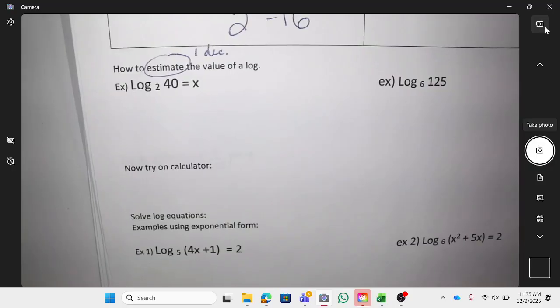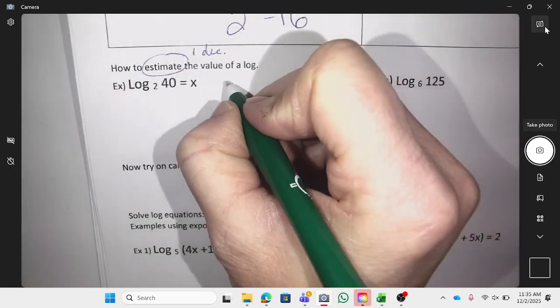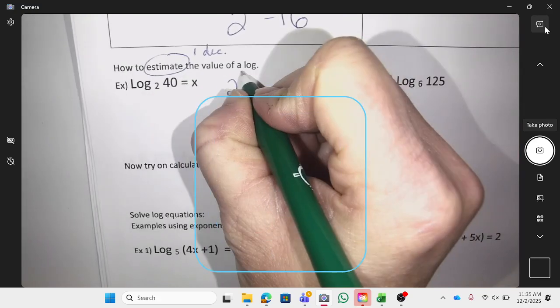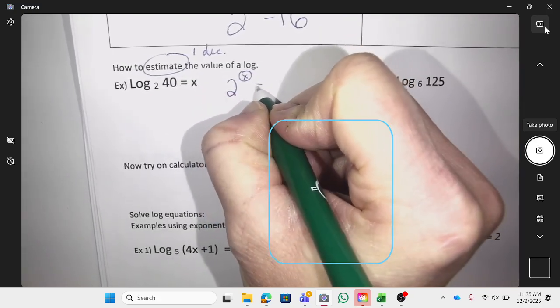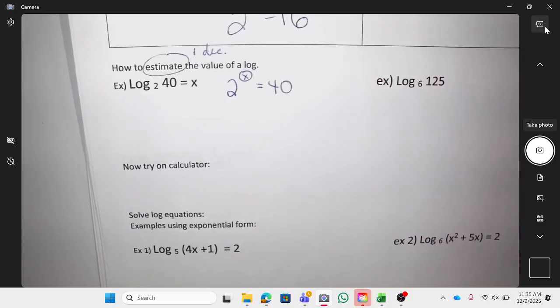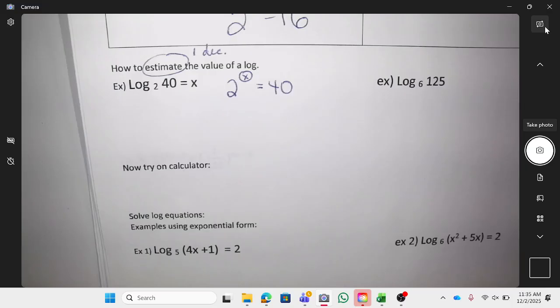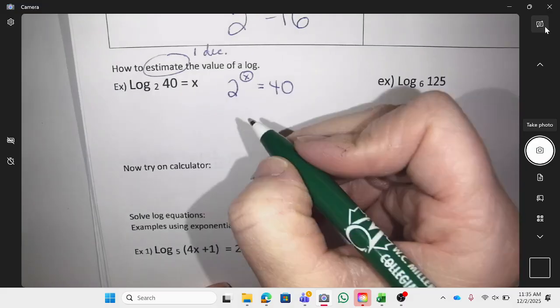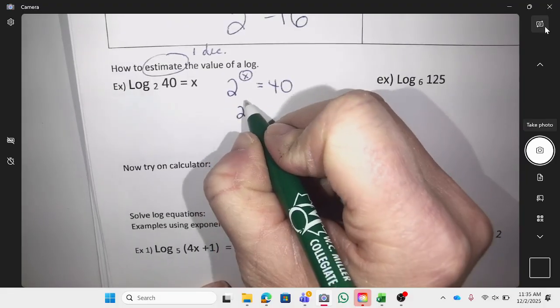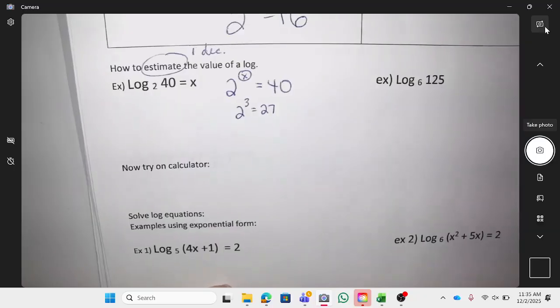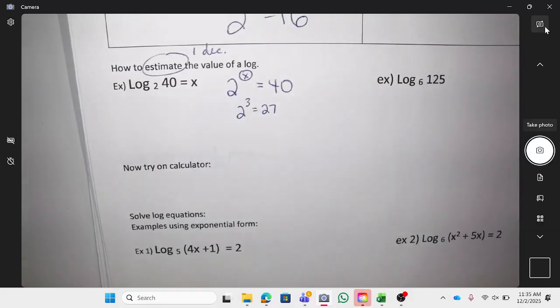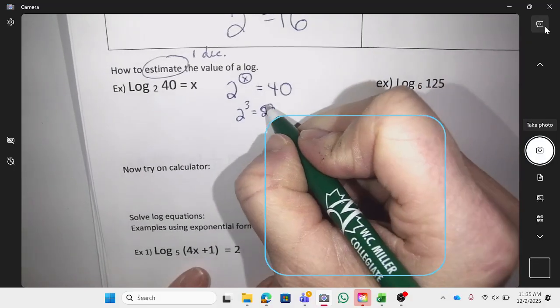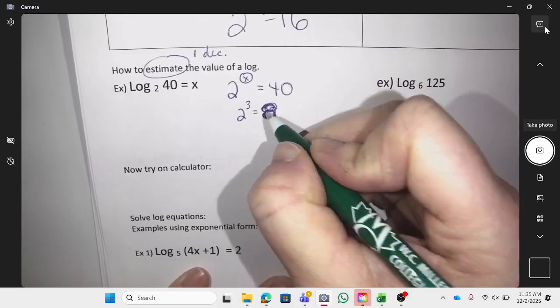Here's what my brain is going to do. 2 is the base. I'm trying to think of the exponent, and in this case, they called it an x. So we're going to try to guess what it is. What do I know? I know 2 cubed is 8.